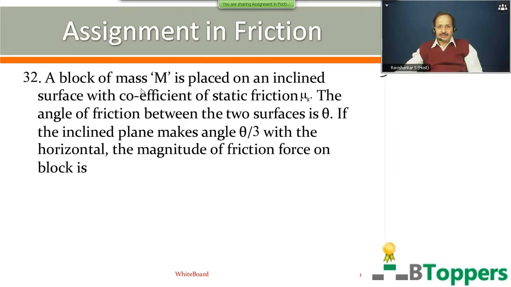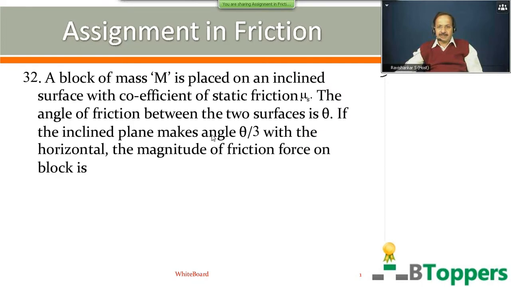A block of mass capital M is placed on an inclined surface with coefficient of static friction μs. The angle of friction between the two surfaces is theta.